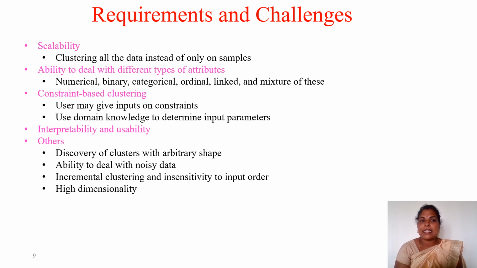Then constraint based clustering, where the user may give inputs on constraints, and we use domain knowledge to determine the input parameters. So if some constraint is there in the data set, then how to handle it based on the domain knowledge. Suppose we are having medical data, then we need to know to some extent about the disease we are going to cluster, because we are not fully dependent on the technique itself.